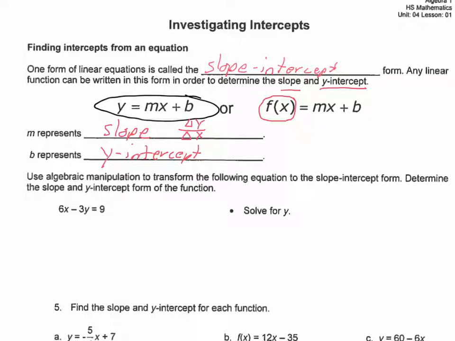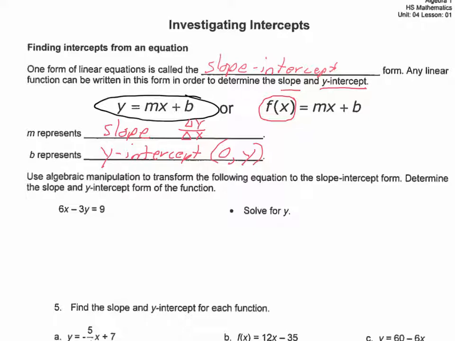The y-intercept is the point where our linear function crosses over the y-axis, and it always has the ordered pair 0 and then something for the y.